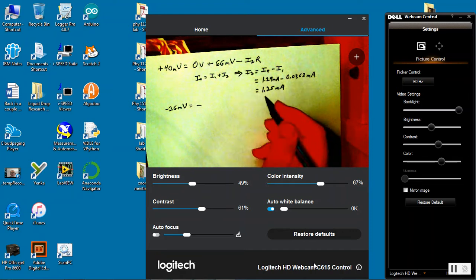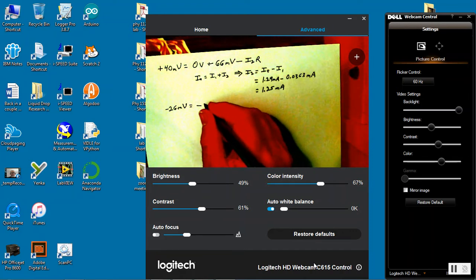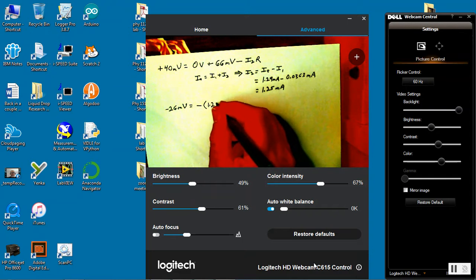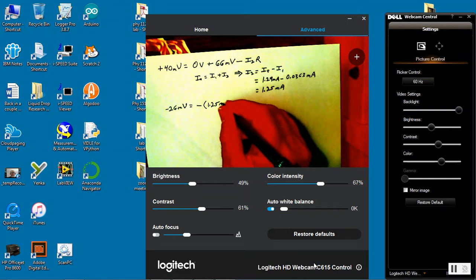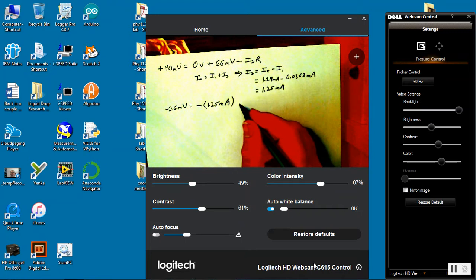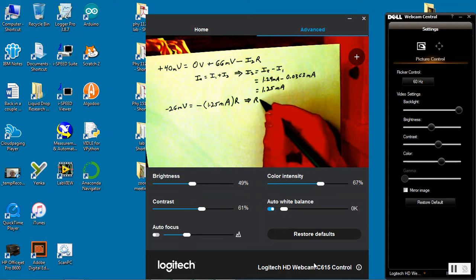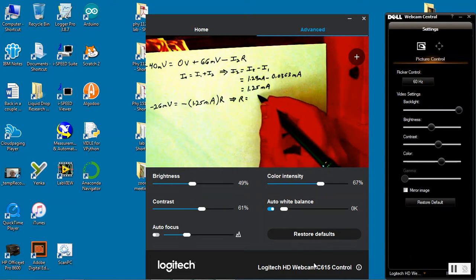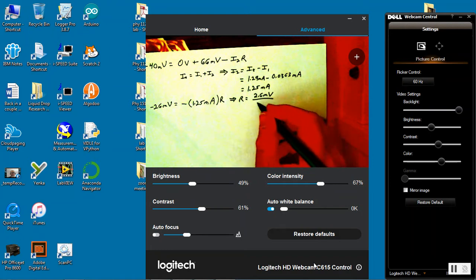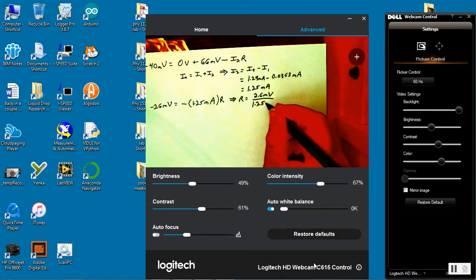That will equal a negative of the current I2, 1.25 milliamps times the unknown resistor. So the unknown resistor will be 2.6 millivolts divided by 1.25 milliamps.